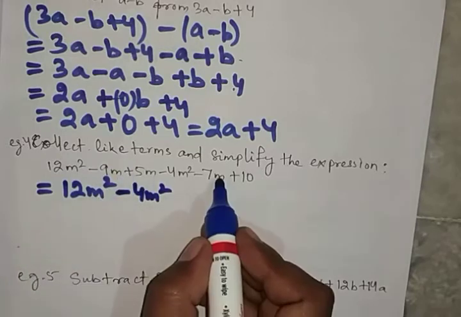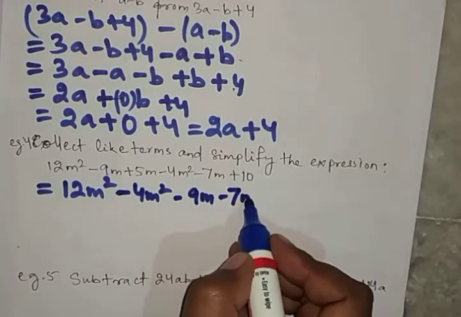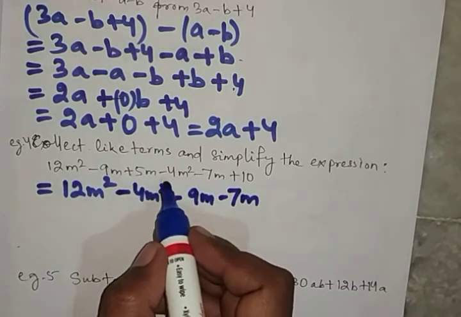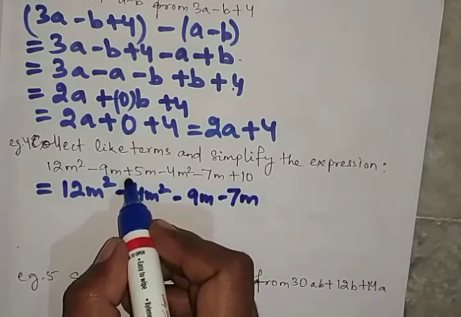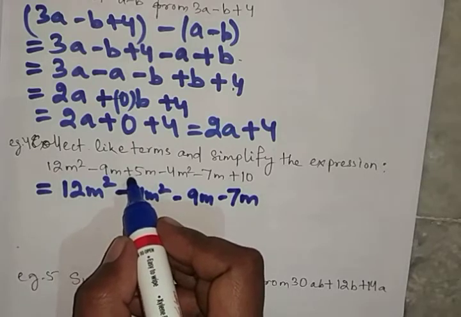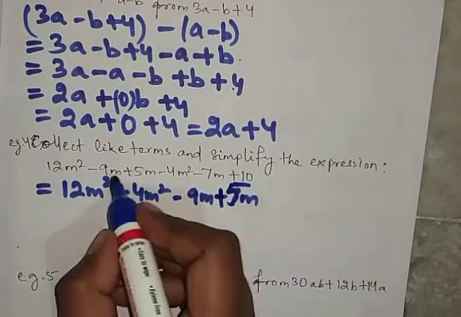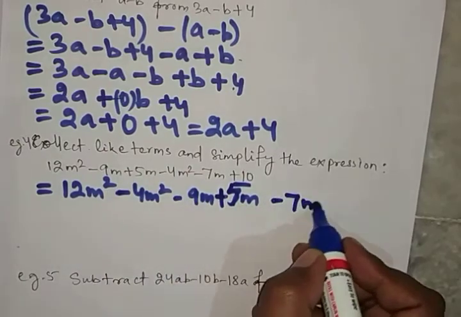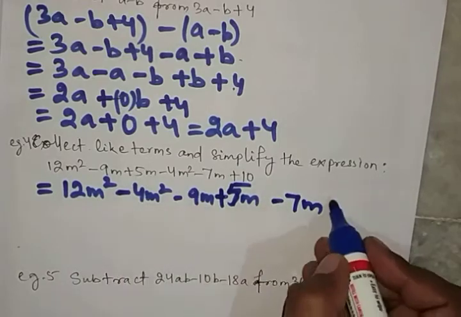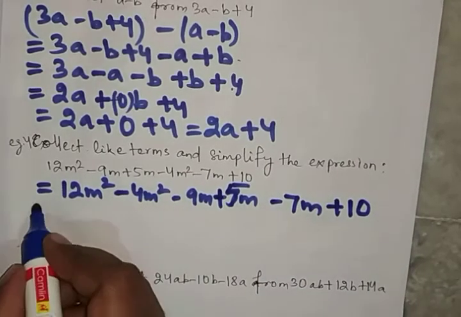Next, minus 9m plus 5m is also there. Okay, I had forgotten. Minus 9m plus 5m minus 7m. Next, only one single number is there, 10.